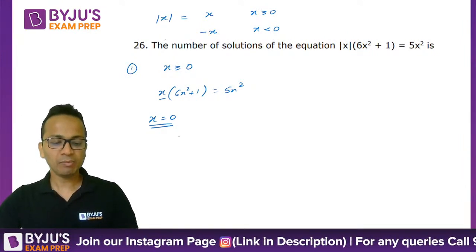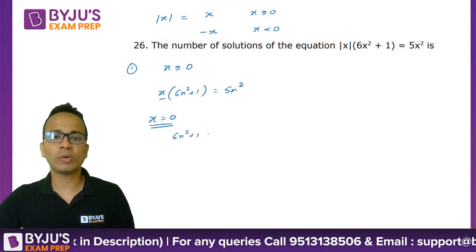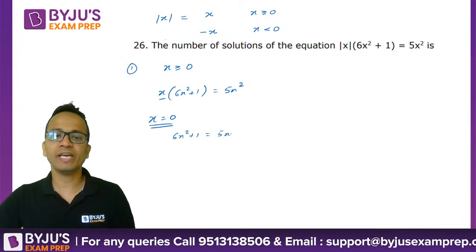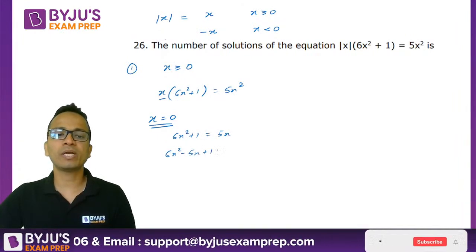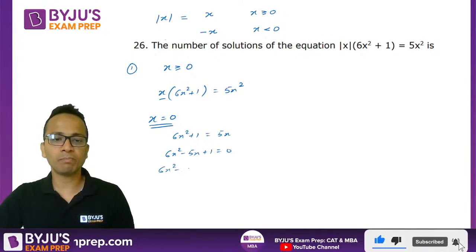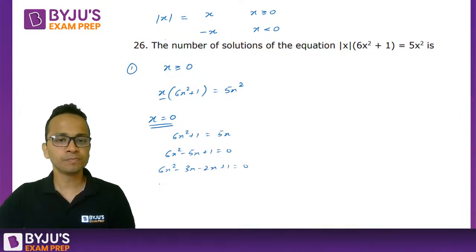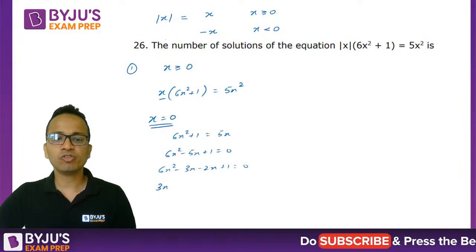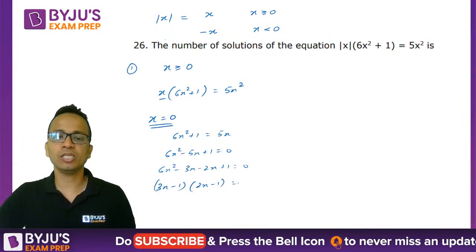Okay, now the remaining part is 6x square plus 1 equal to 5x. So 6x square minus 5x plus 1 equal to 0. Let's factorize this. 6x square minus 3x minus 2x plus 1 equal to 0. Okay, and taking 3x common, it will be 3x minus 1 into 2x minus 1 equal to 0.